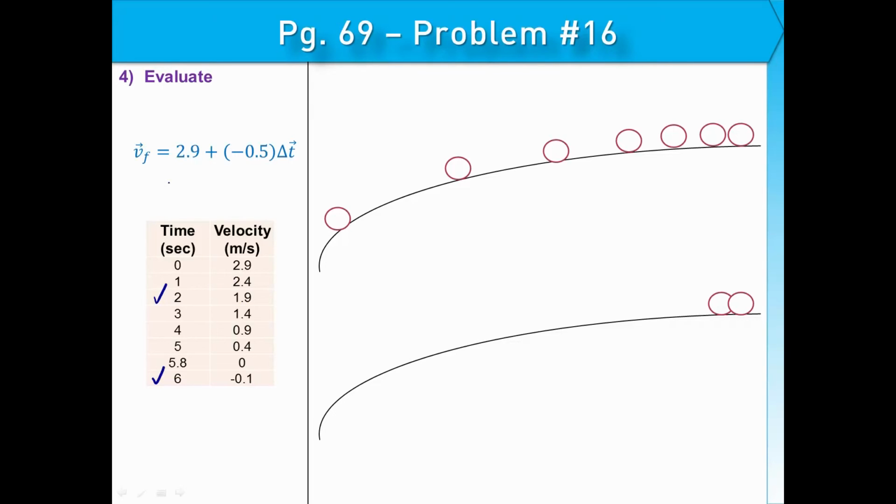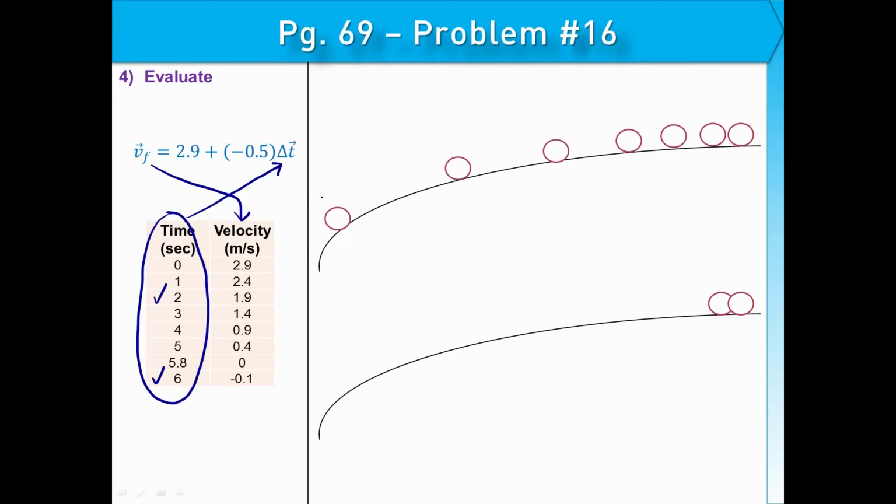Just in case you're wondering where we got these values from, remember this is the time, and we plug the time into this equation, calculate it, and whatever velocity we have ends up in this column right here. Looking at the table, at t equals 0 seconds, this represents the ball's initial velocity, a positive 2.9 meters per second.